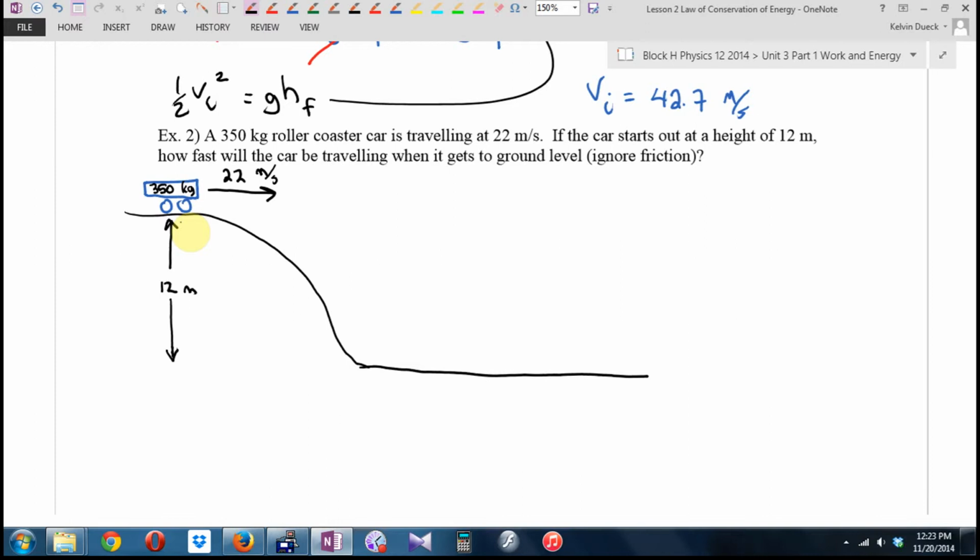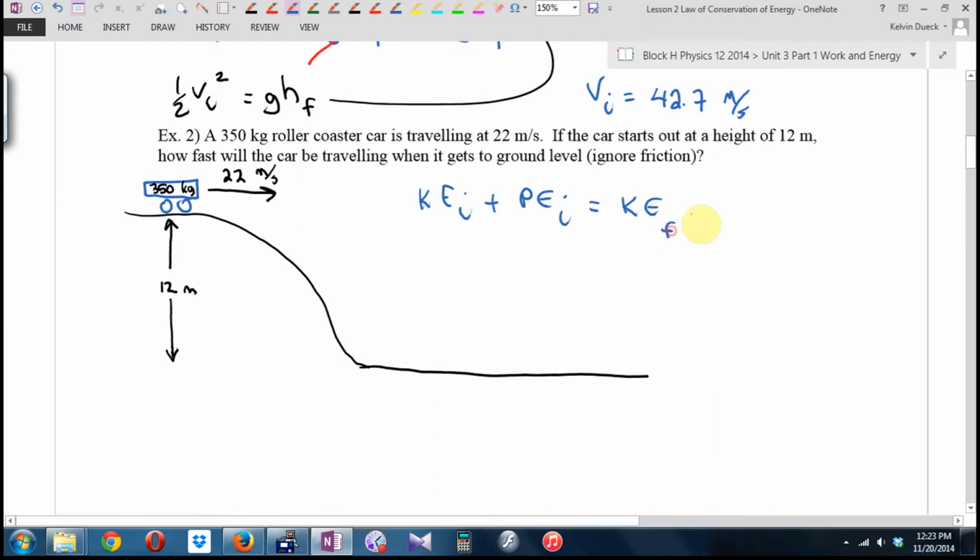So my first thing I'm going to write is this: KE initial plus PE initial equals KE plus PE final. Is that okay, Jeff? And then I always ask before moving on, are any of these 0? Now I have to be careful because sometimes kids get cancel happy. We're going to go one term at a time. Is KE initial 0? Am I starting out at rest?